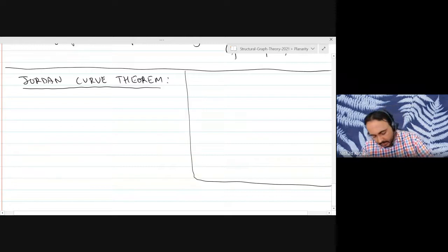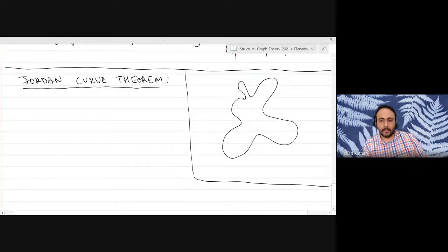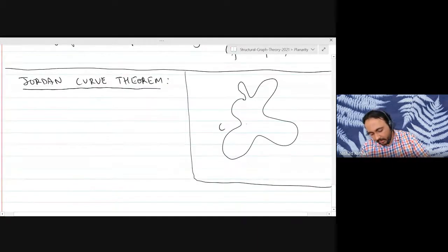So here is the picture I want to give you. Let us draw a curve in the plane, a simple closed curve. I will define all of that, but you see this picture here. This is the curve C. When you draw a simple closed curve in the plane, it breaks the rest of the plane into two parts: the interior of the curve and the exterior of the curve.